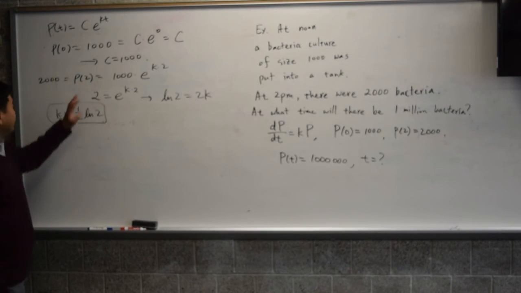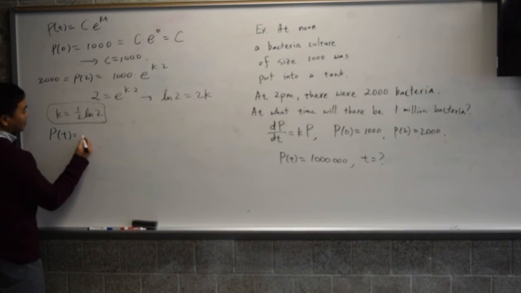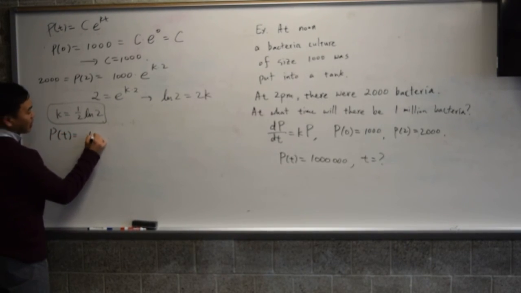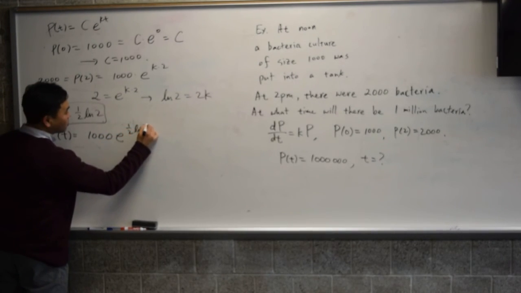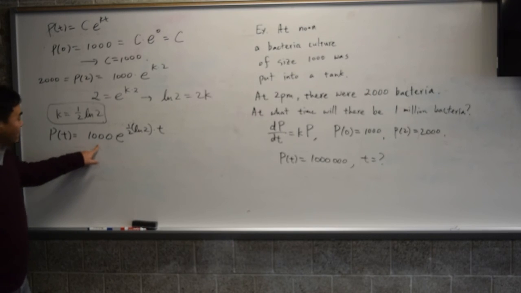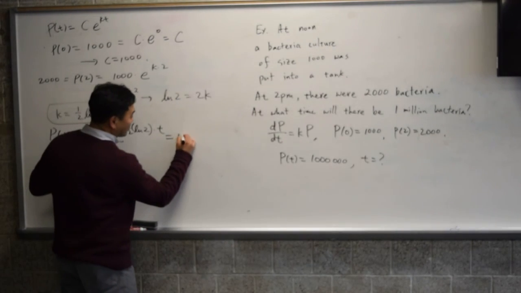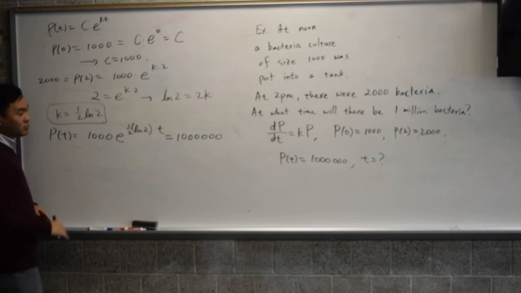So k is equal to 1/2 ln of 2. So I have c and k. Putting it back, I now fully know what P of t is. This is 1,000 times e to the 1/2 ln of 2 times t. That's what P of t is. And now all I have to do is figure out when this reaches 1 million. So we have to solve this for t. Let's do that.